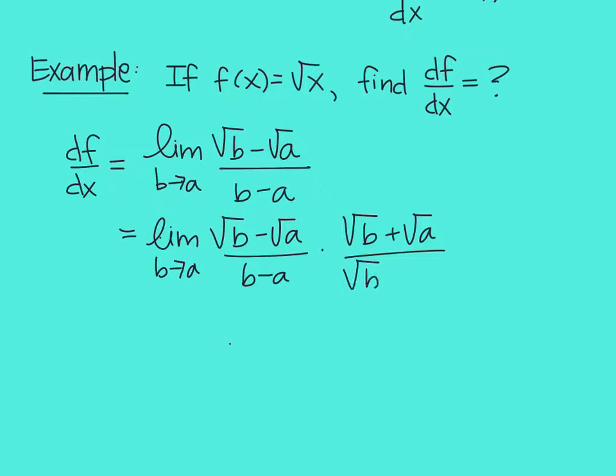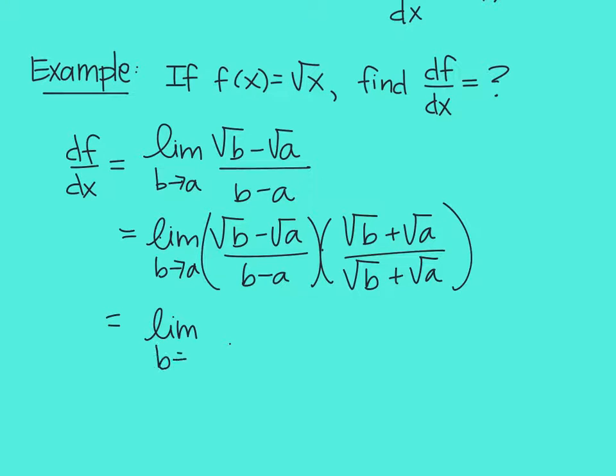And I have to multiply the top and bottom by the same thing. So we're mathematically multiplying by 1. That's legal because you're not changing anything, because anything times 1 is itself. But we're doing it strategically, multiplying the front by the back to see what we get.